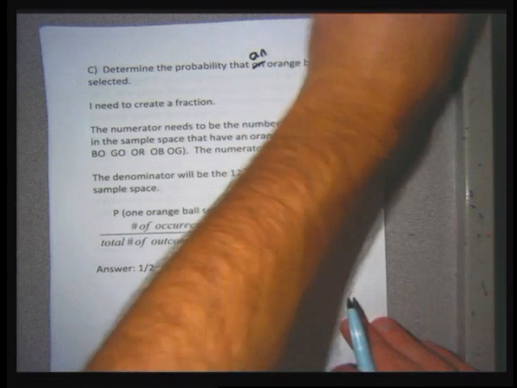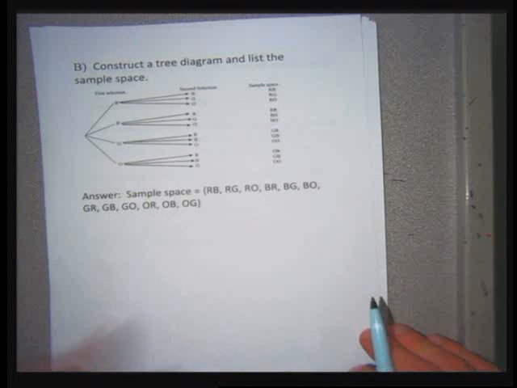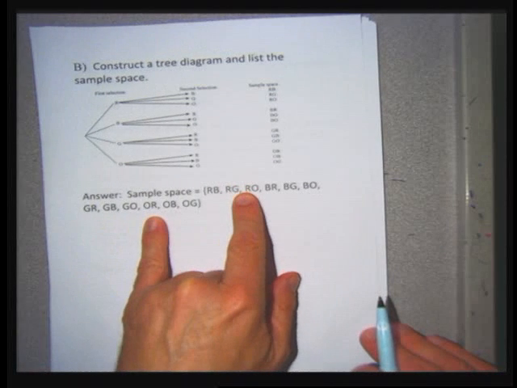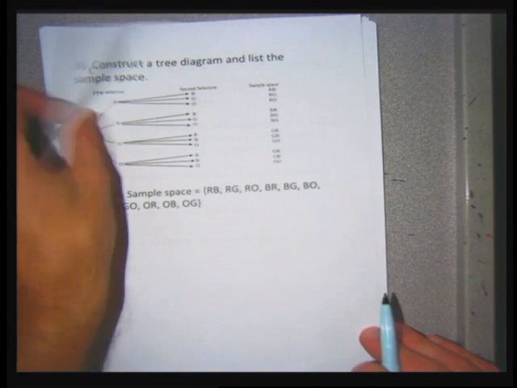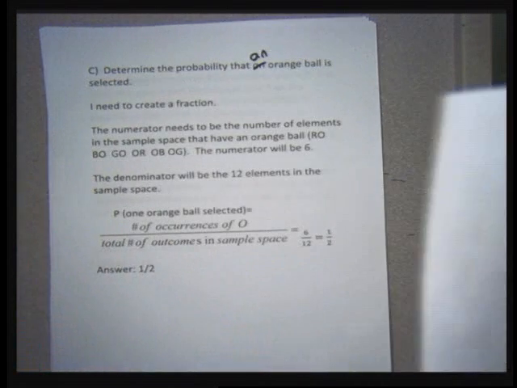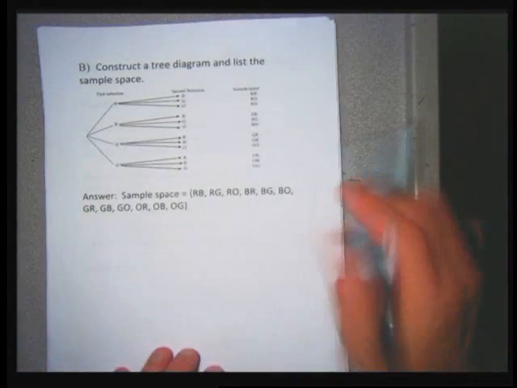The denominator is the total number of outcomes, or the total number of items in the sample space. So to do this probability, I need to look at my sample space. There's 12 items in my sample space, so the denominator of my probability is going to be 12, because when we do probabilities, the denominator is the number of things that can happen. In this case, it's the size of the sample space, which is 12.